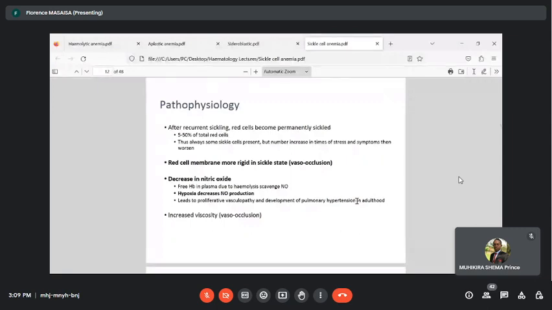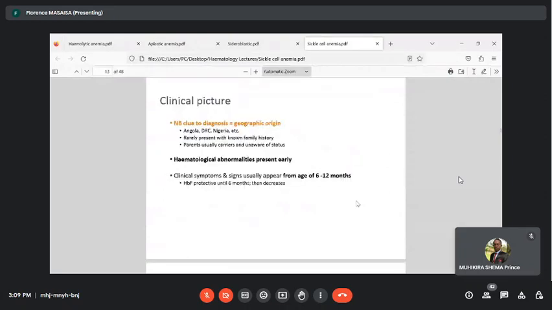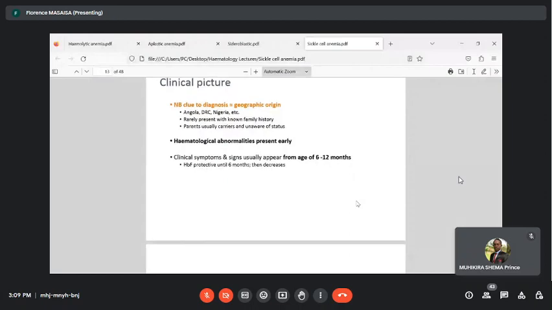We have talked about the countries which have a high number of sickle cell cases: Angola, DRC, Nigeria. Sometimes you may not see a known family history, because you may just see a parent presenting sickle cell trait, so you may not have a clear family history, and some are not aware of their condition.